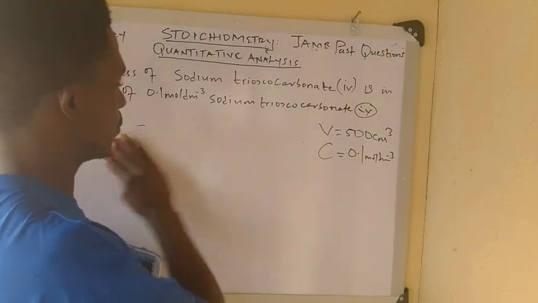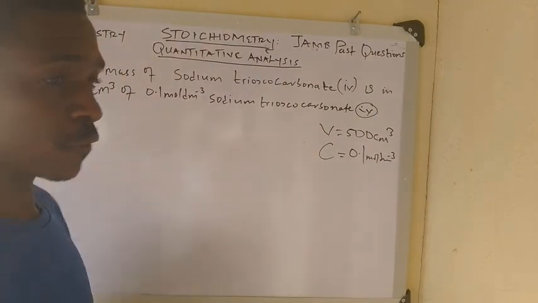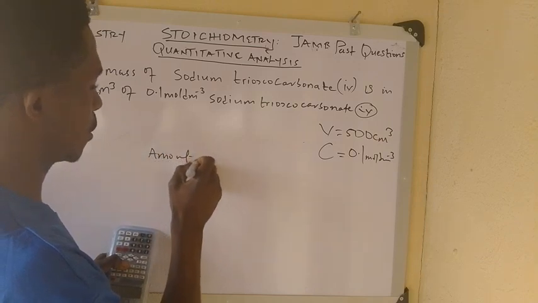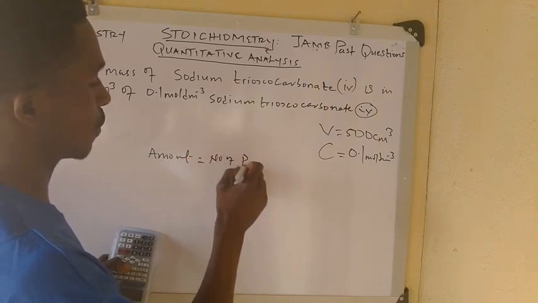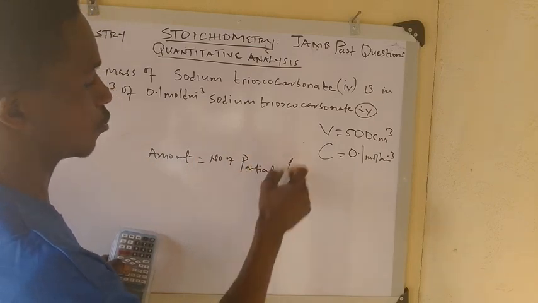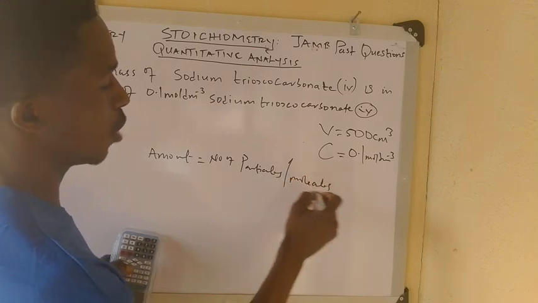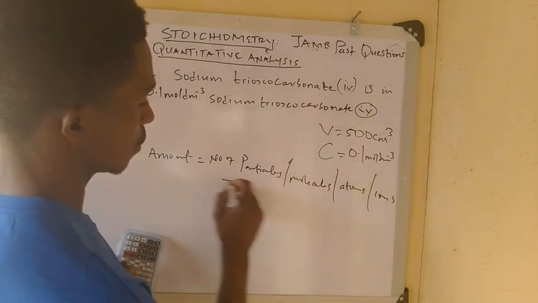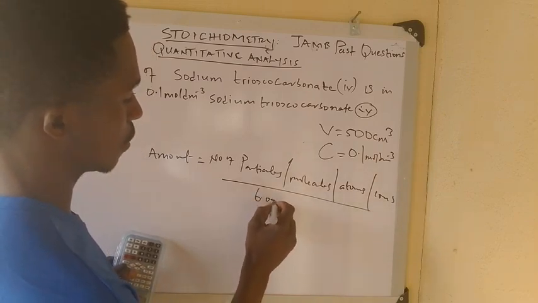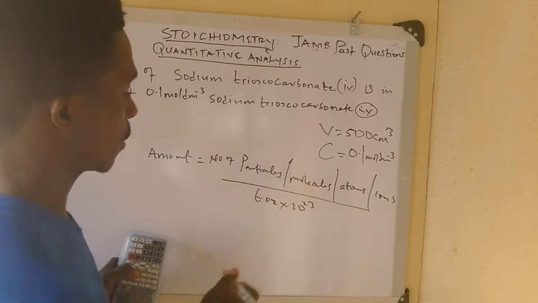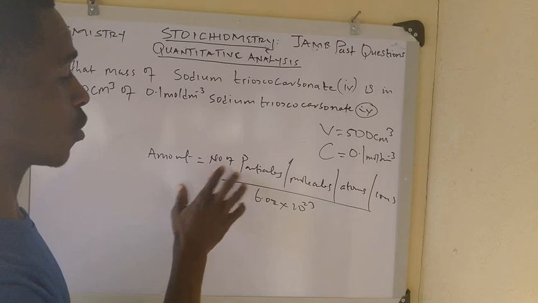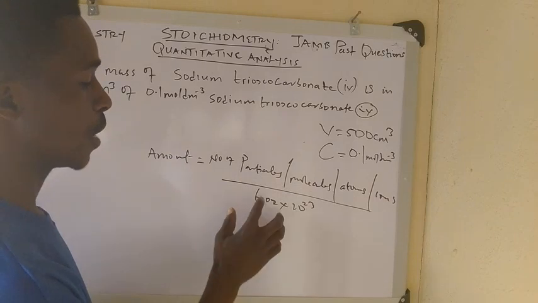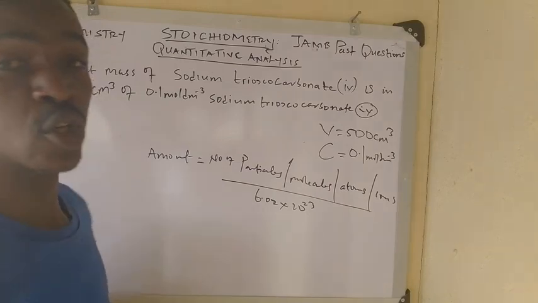If you look at the mole concept also, you notice that the number 2 formula says that amount is equal to the number of particles, or molecules, or atoms, or ions, all over 6.02 times 10 raised to the power of 23.